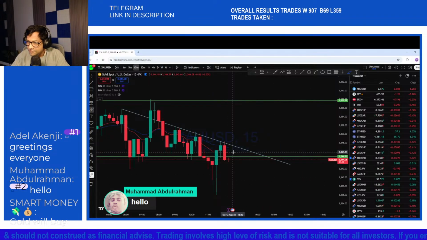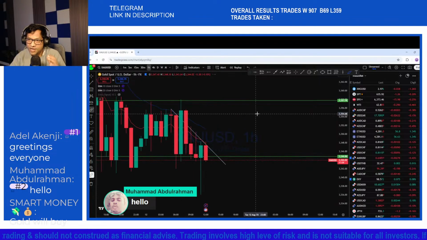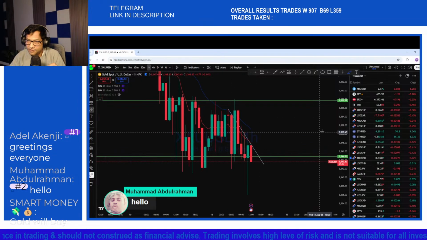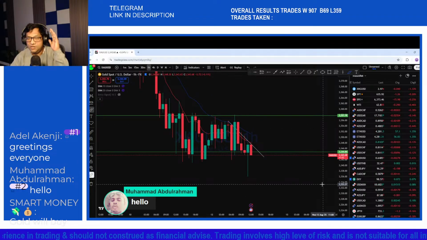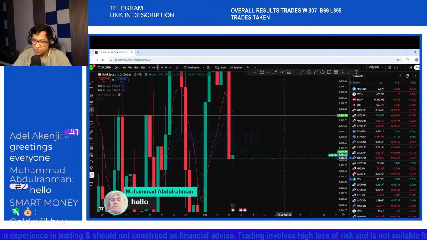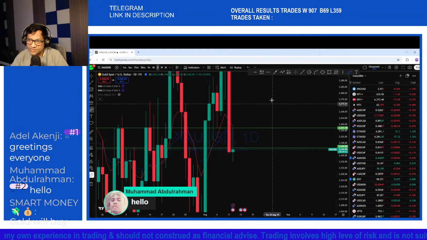So with the CPI coming, what we want to see here, guys, is the market testing the high again. The way the market structure is forming is potential for bearish. Now if you look at the daily, you can see the market already has tested the low.